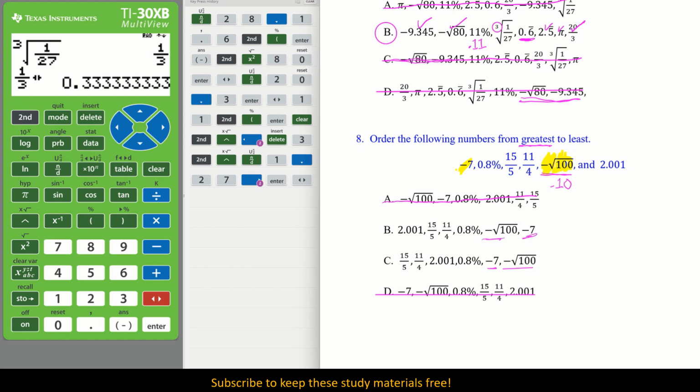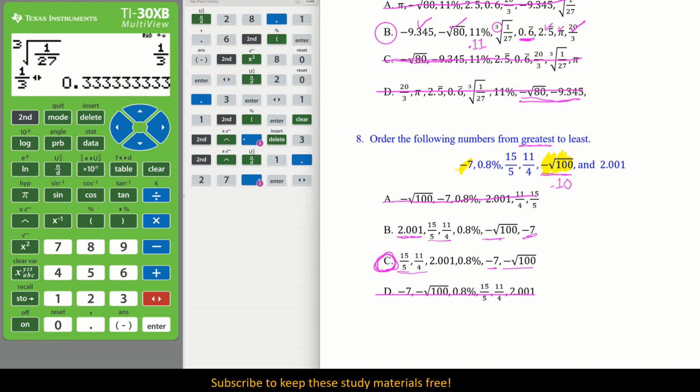And I disagree with that. And also, if you look at our fractions and then this decimal right here, 2.001, I disagree. I think that one of these fractions is going to be larger than that, okay? I think I really like C. I'm going to circle C. I like it right now.